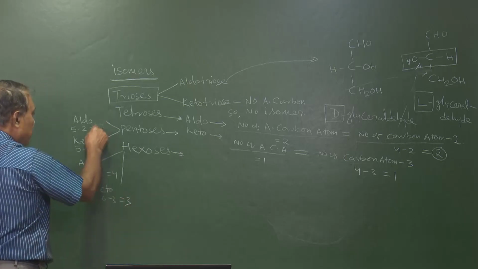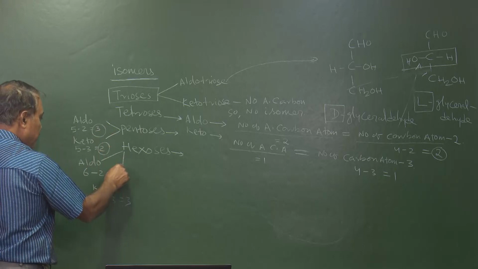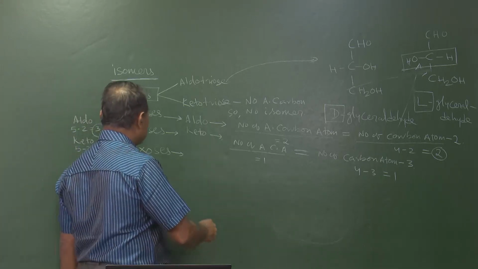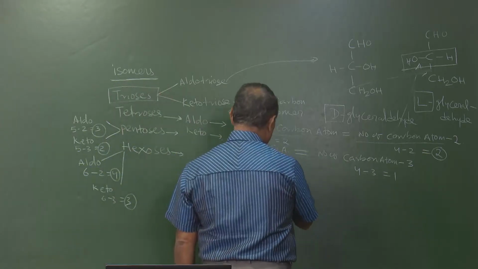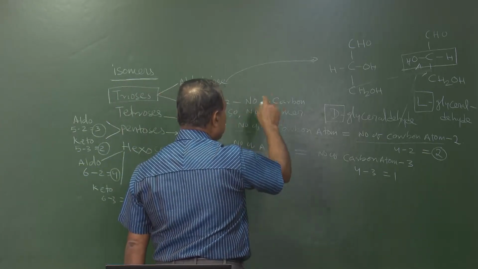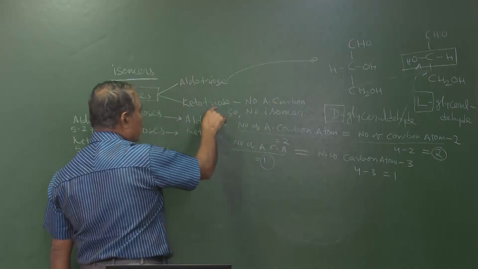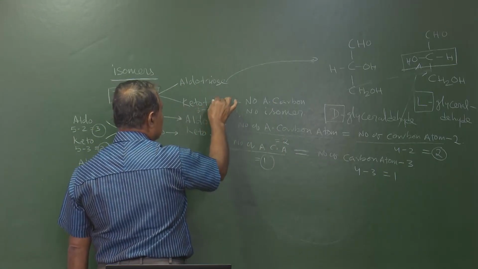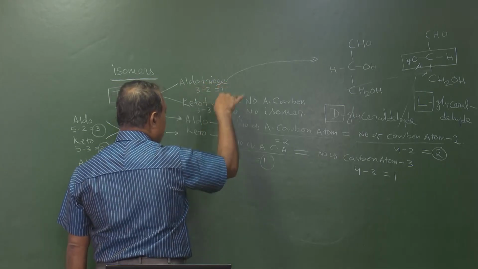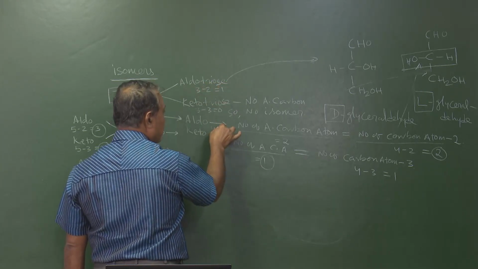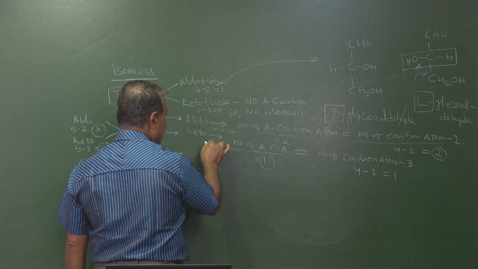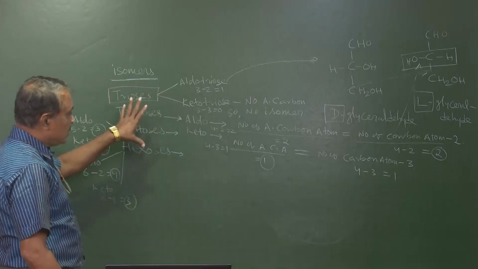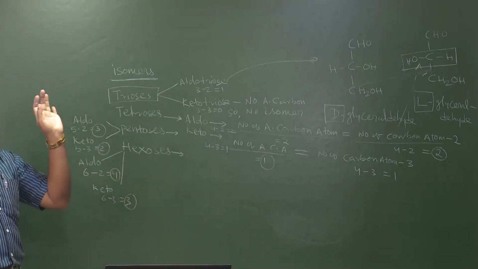So these are the numbers of asymmetric carbon atoms in each category. In case of ketotriose, there is nil because 3 minus 3 is equal to 0. For aldotriose, 3 minus 2 is equal to 1. Here 4 minus 2 is equal to 2, and 4 minus 3 is equal to 1.